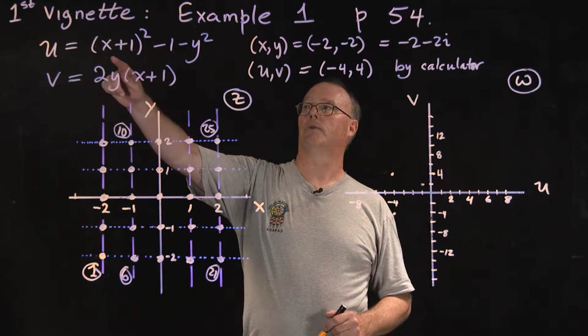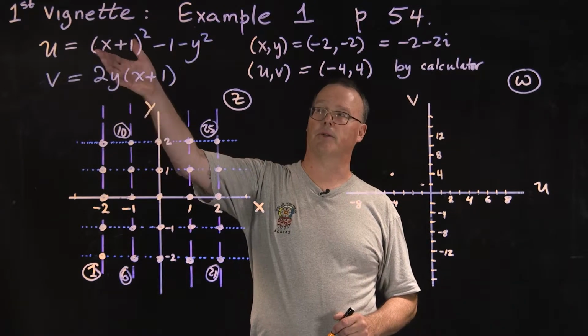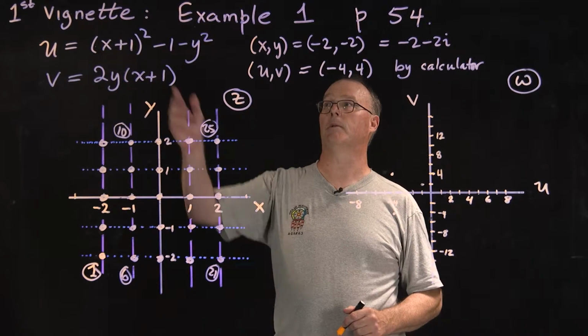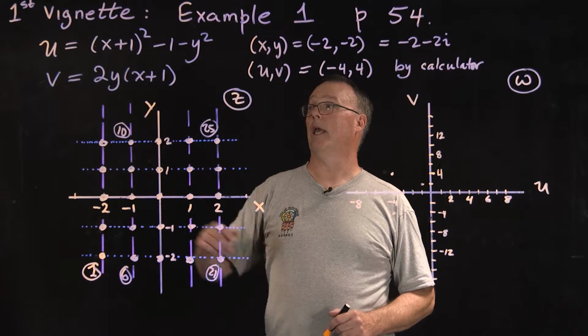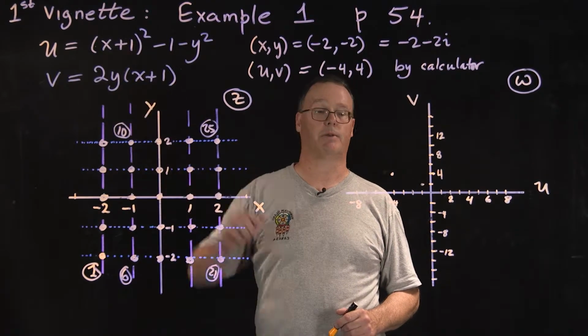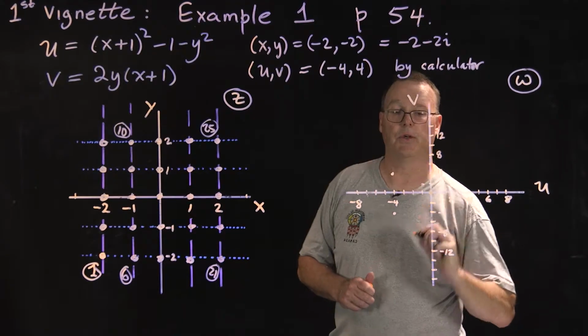Really? So when x equals -2, we get -2 plus 1 is -1, squared is 1, minus 1 gives us 0, minus 0 is 0. So u is 0. And when x equals -1, v is 0. So we get the point 0, 0.